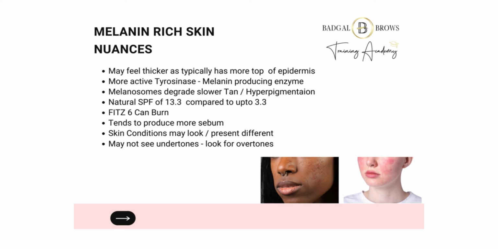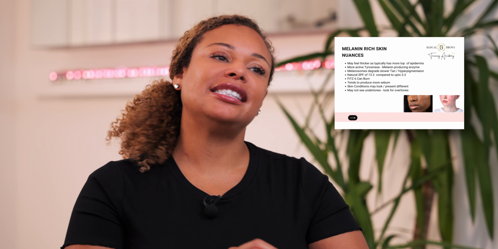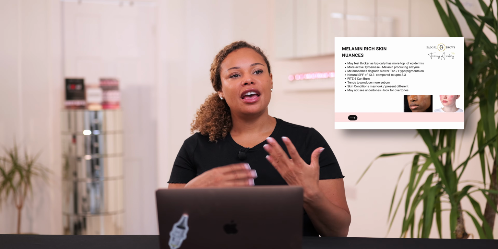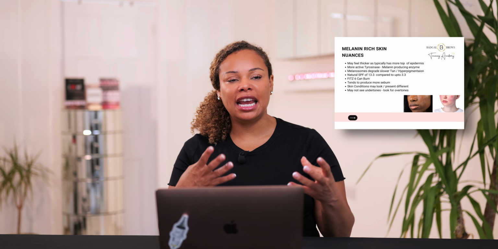So we have more active tyrosinase, which is the melanin producing enzyme. Melanosomes degrade slower, and this increases the tanning and hyperpigmentation. So when a melanin rich person gets a tan, it will last longer. And if a melanin rich person gets hyperpigmentation, it will last longer.